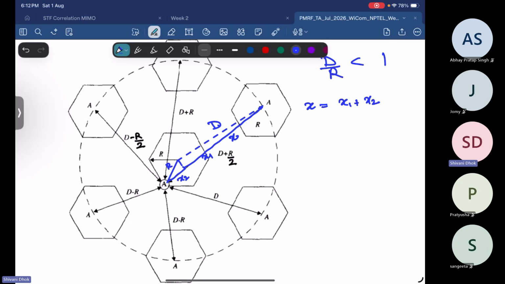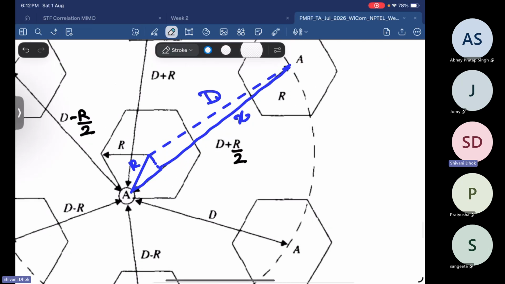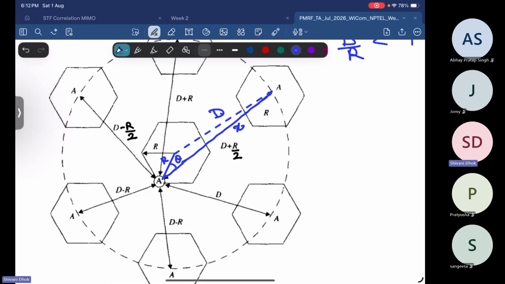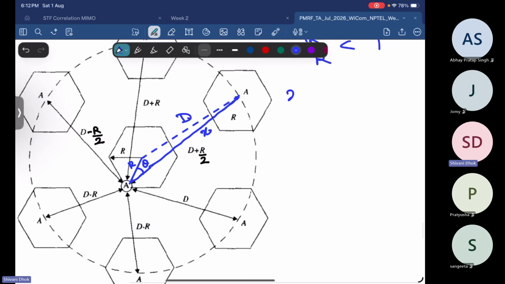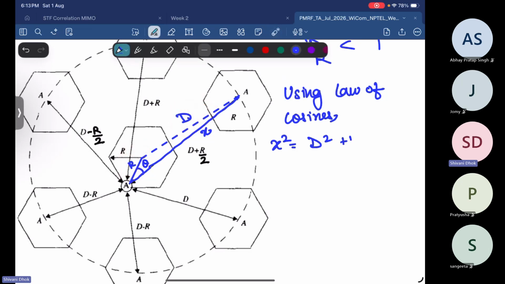Or in other words, you want to find this distance x, so you can apply the cosine rule with this angle theta. So using the law of cosines, your x square will be equal to d square plus r square minus 2dr into cos theta.